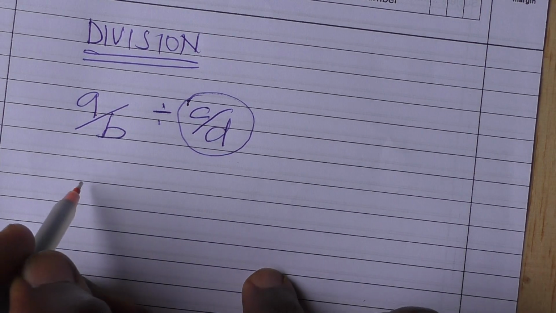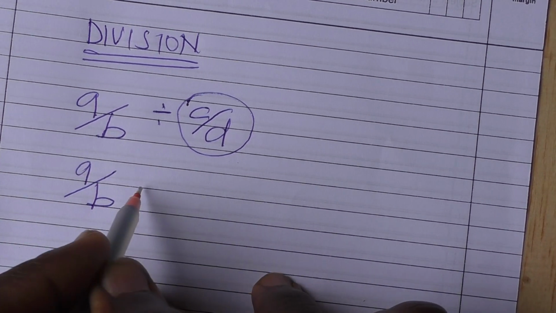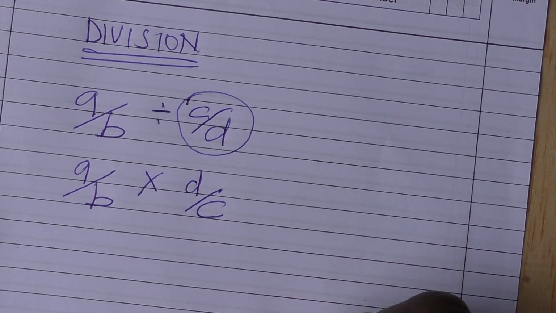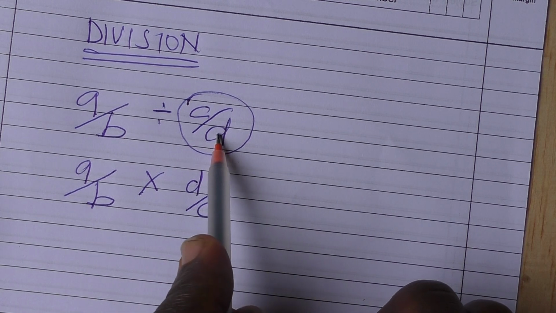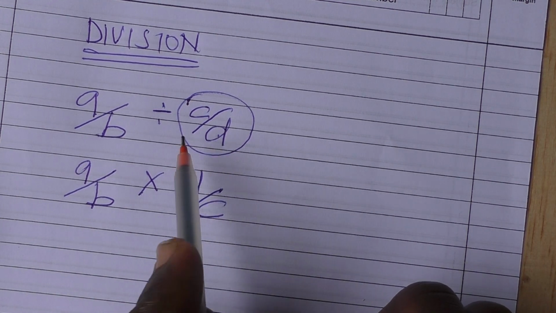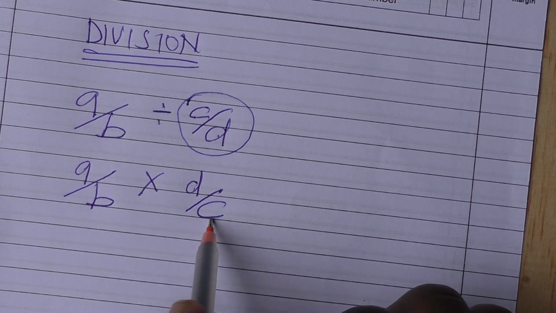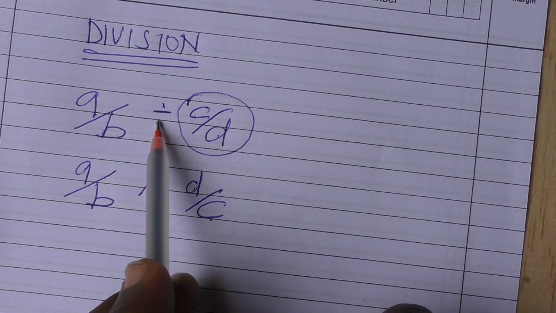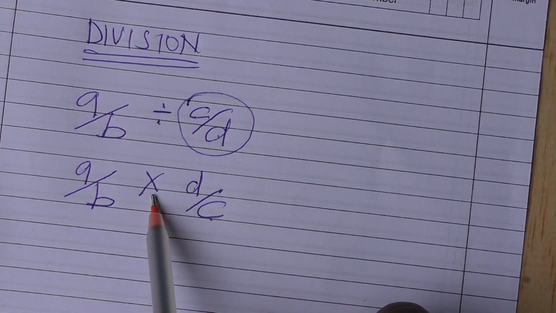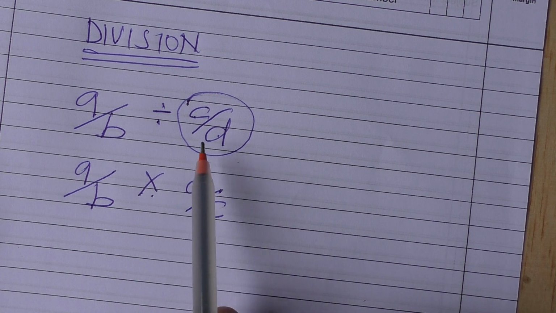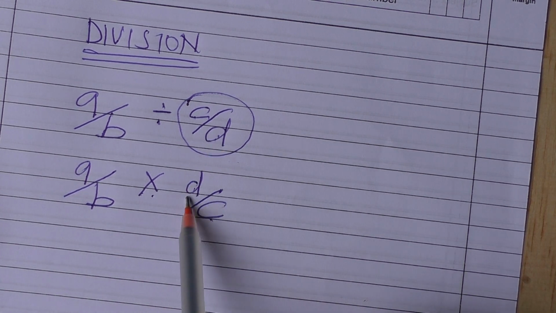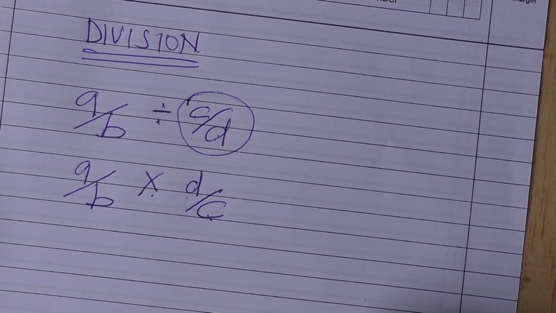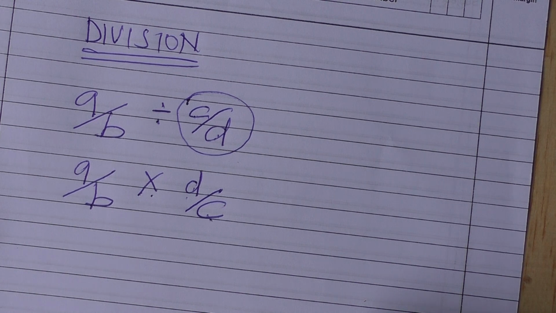That is to say, we shall have A over B times D over C. The denominator becomes the numerator and the numerator becomes the denominator. That is reciprocal. So the division changes to multiplication and the denominator changes to numerator, numerator changes to denominator. That's how we deal with division of fractions.